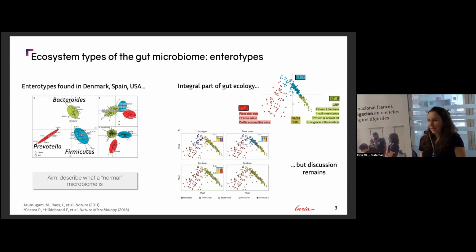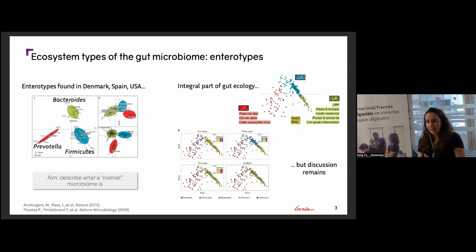Three enterotypes were identified, each dominated by a given taxonomic group: Bacteroides, Prevotella, or Firmicutes. They became an integral part of gut ecology in order to understand what a normal, a healthy gut microbiome is, and to identify deviation from health.